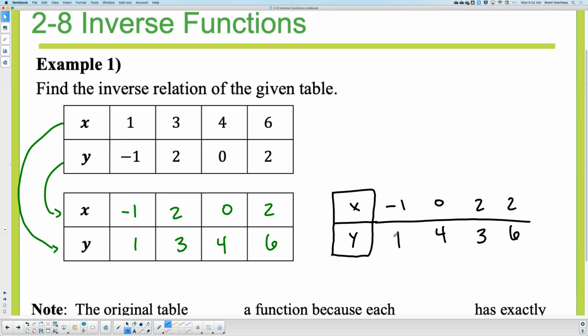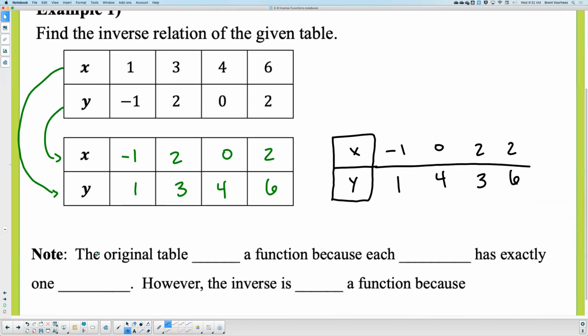Now, as you look at this table, is this a function? No. Oh, wait, sorry, I forgot I added this in. Note the original table: is this one a function? Yes. You'd have to ask, does it pass the vertical line test, which means, is every x unique? Do I have any duplicates of x's? No. So the original is a function, since no x's repeat.